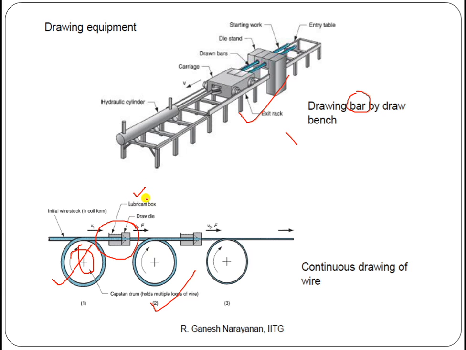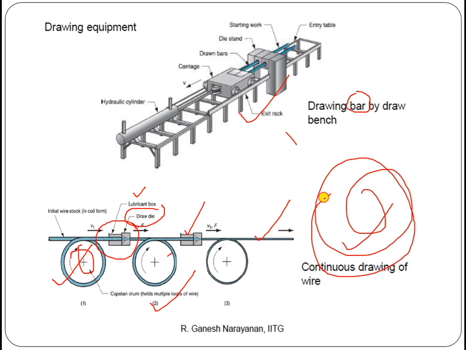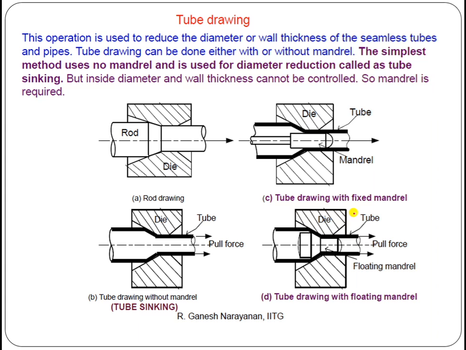This is the lubricant box, and this is the drawing die, passing through the second die, then coming out to this capstan drum. Again it will be rotated and pass through the next die, so that gradually its cross section and dimension are reduced, and finally it will be stored or rolled on a rounded container for the final use. So that is the only thing.